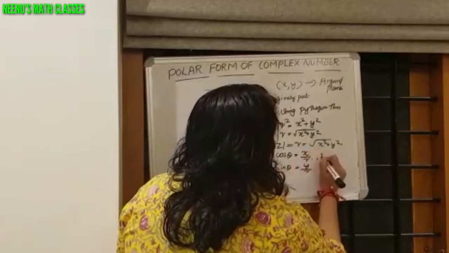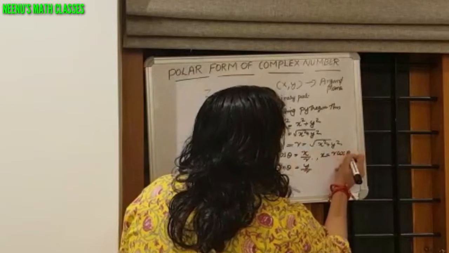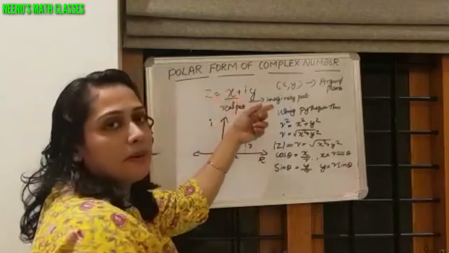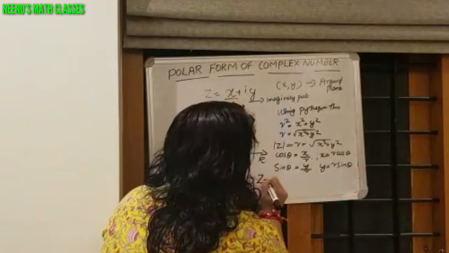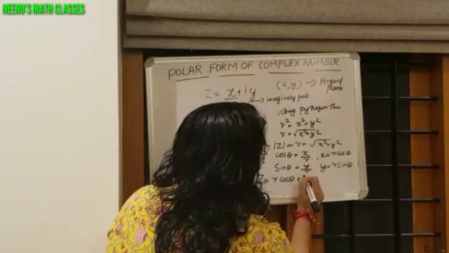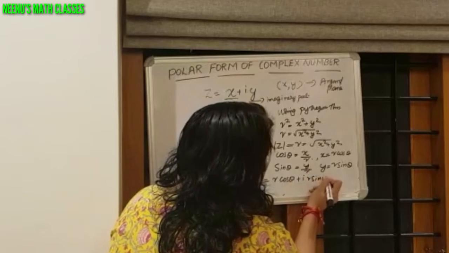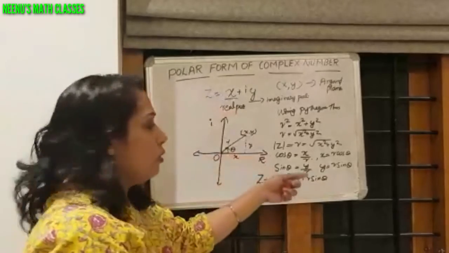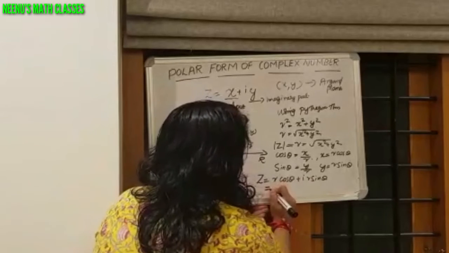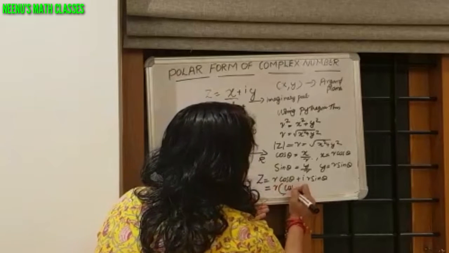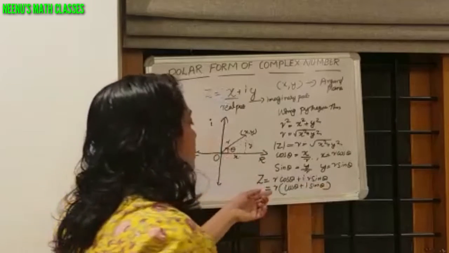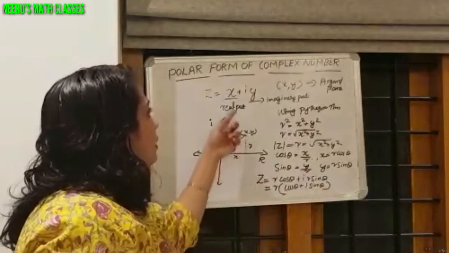From that we get x equal to r cos theta and y equal to r sin theta. Substituting in x plus iy, we get z equal to r cos theta plus iota r sin theta. Taking r common, z equals r into cos theta plus iota sin theta.